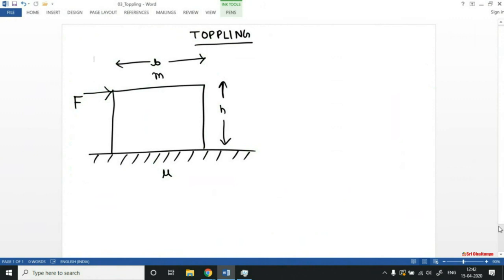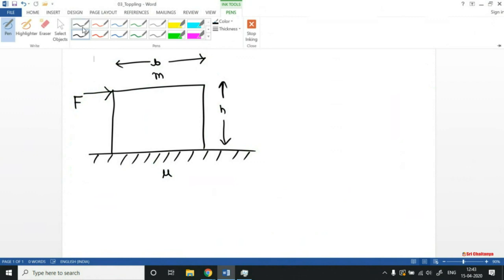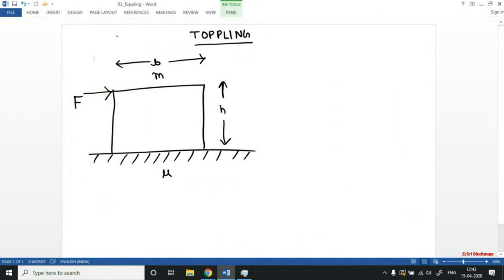Okay, so now this was the screen. Screen was not shared. So in case of toppling here, we have this block whose width is B and height is H. And we are applying horizontal force capital F, and the coefficient of friction is mu. We want to investigate the condition for no toppling. In order to do that, we must draw the free body diagram of this. The weight will be effectively acting at the center of gravity.